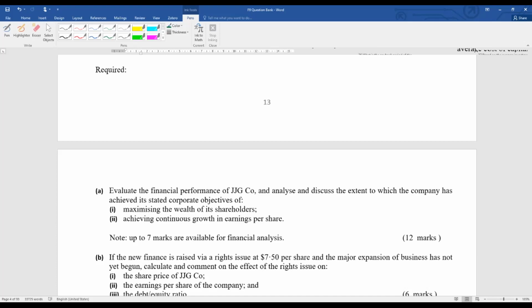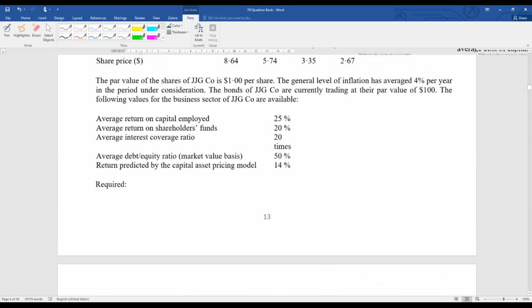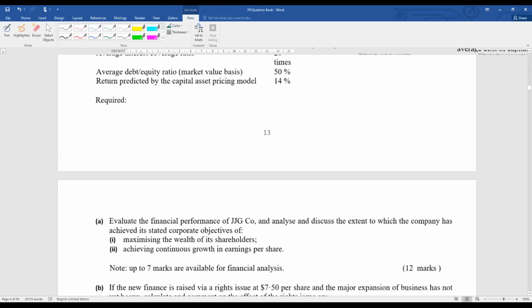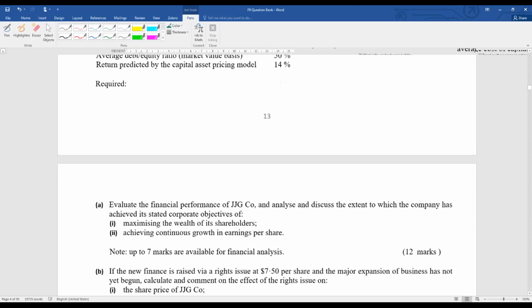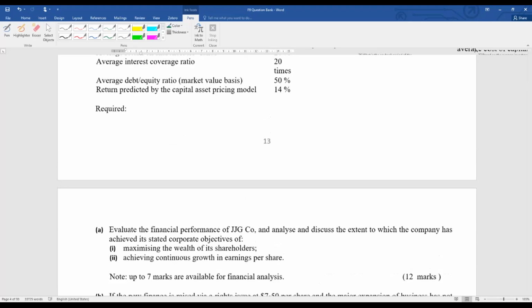Of course, the question covers financial performance measures, like return on capital employed, interest coverage ratio, debt to equity ratio, which we have not yet discussed, but either way, we can discuss the two. The wealth of the shareholder and the earning per share growth. So let's begin with maximizing the wealth of shareholder.